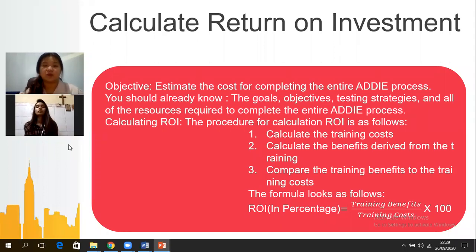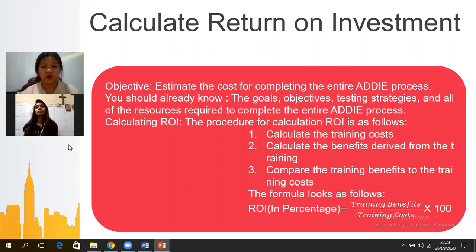So calculating ROI is the procedure for calculation as follows. Okay, so the first one is calculate the training cost. We have to calculate all the training costs that we need.